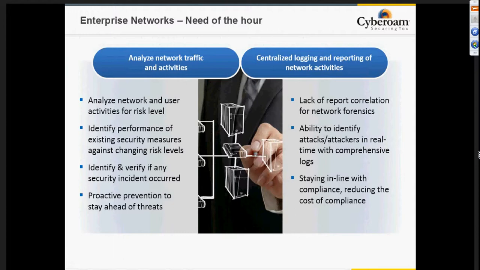Also needed is the ability to identify attackers in real time with comprehensive logs, staying in line with compliance and avoiding the legal risk an organization incurs from such attacks.